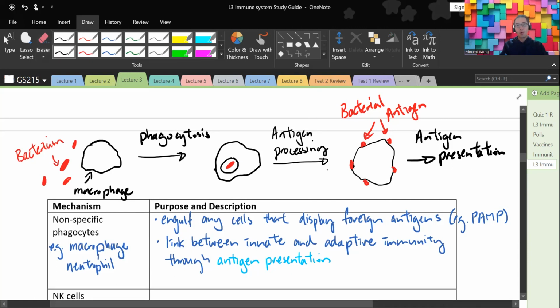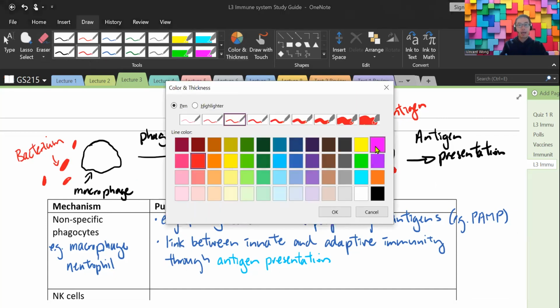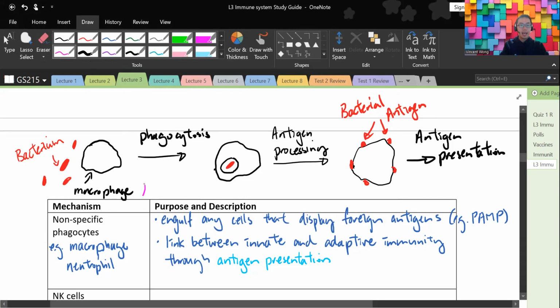So not all cells are capable of doing this. Macrophages can do it. So we have another name for macrophages. They are called antigen presenting cells, APCs. All right, so neutrophils are not APCs. Macrophages are APCs.